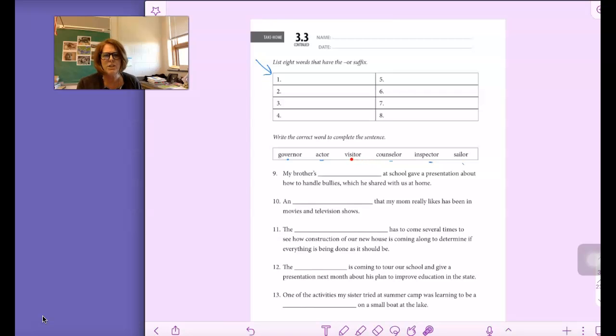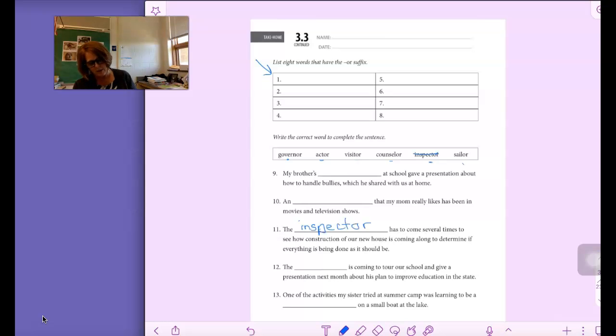I guess a visitor could come to our new house, but they wouldn't tell me if everything's being done correctly. Counselor, they're not going to check up on that. Inspector, somebody who inspects. And sailor, well, a sailor's not going to come to our house. So it is inspector that fits.